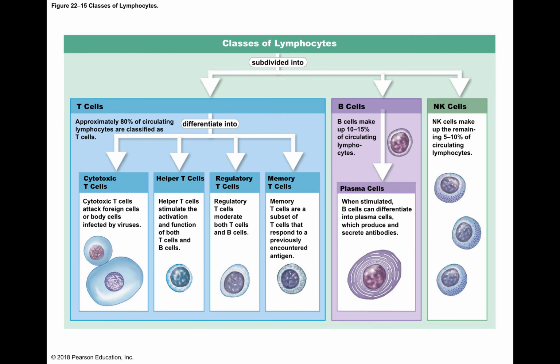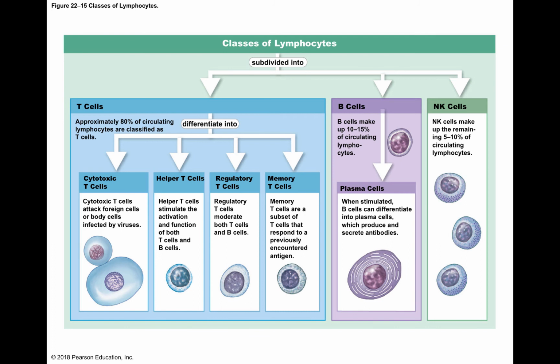B cells will produce antibodies. T cells will produce the cytotoxic T cells, and hopefully we'll be able to win that way, right? That's part of the adaptive immunity.